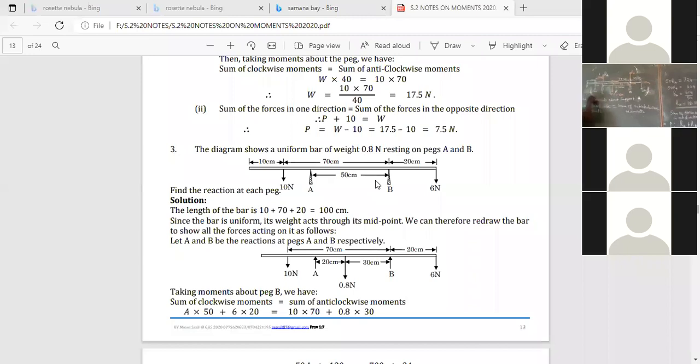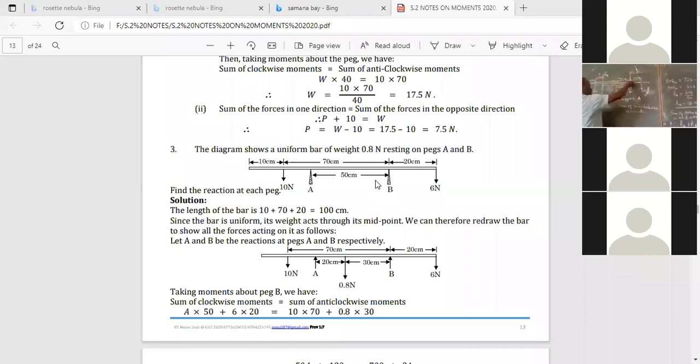This is not clockwise, it's anti-clockwise. So this is the first clockwise. So we write 0.8. What is its distance from here? Remember, this is 50, this is 30. So what is that? 20. Good. Okay. We move to this one.